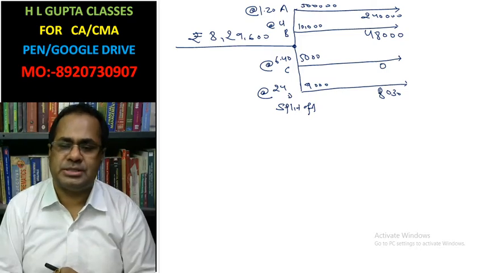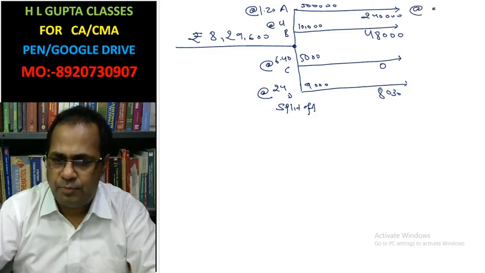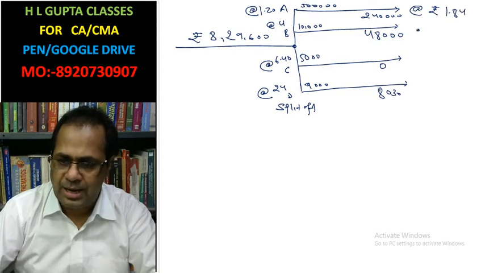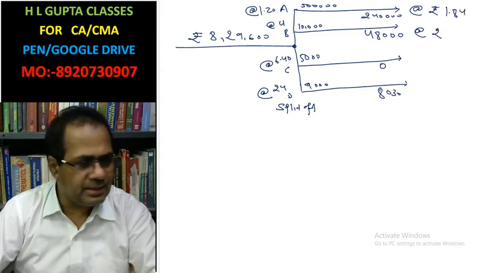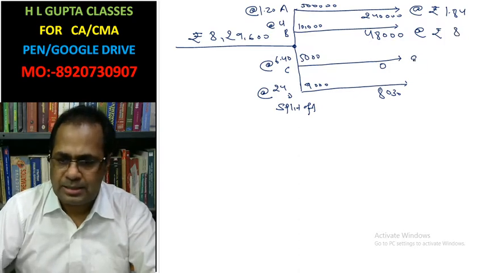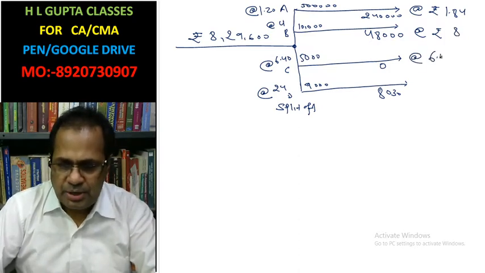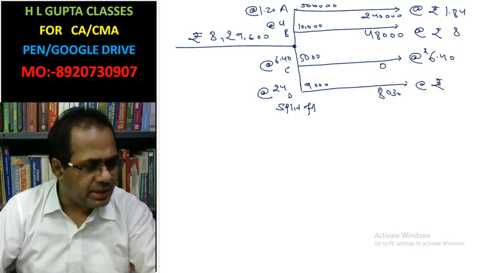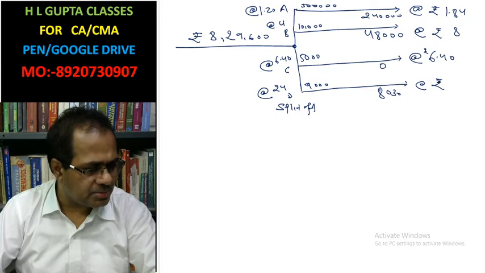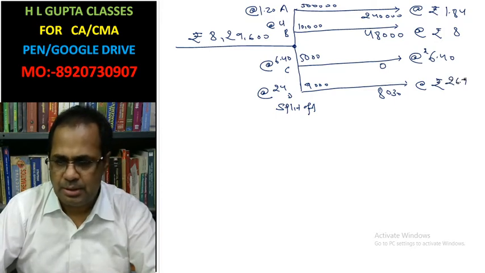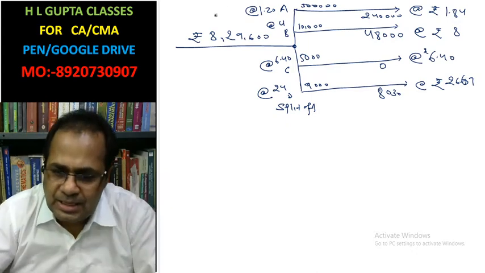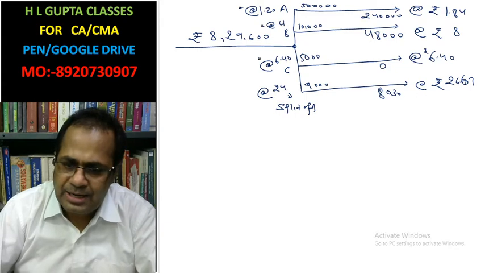After further processing, the same products are sold at the rate of rupees 1.84 for A, rupees 8 for B, rupees 6.40 for C, and rupees 26.67 for D. This is the selling price after further processing. These are the selling prices at the split-off point.